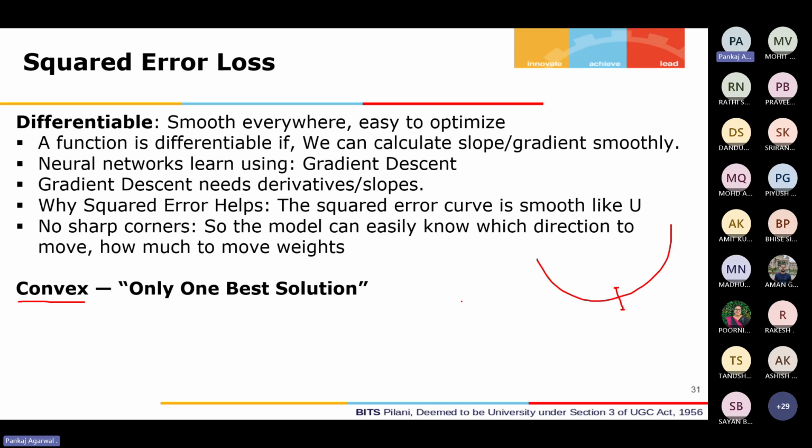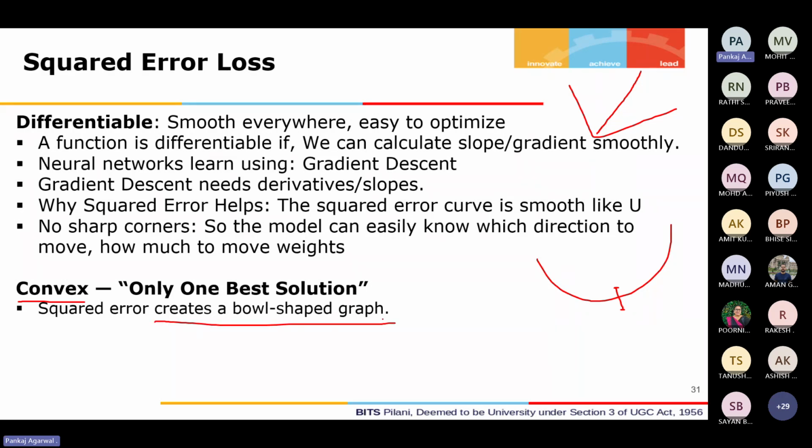So that fits in very nicely with the thought process that I wanted, because when I'm trying to fit a linear regression line, I would prefer to get the one best fitted line, right? I would not want 10 best fitted lines. So squared error creates a bowl-shaped graph, and this shape has only one lowest point called the global minimum.